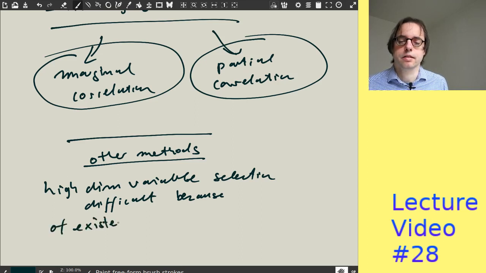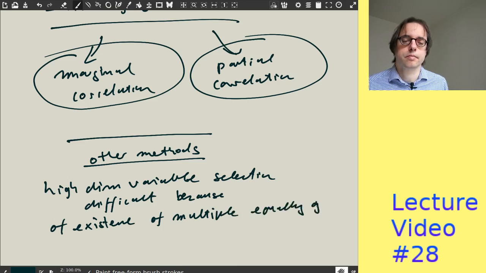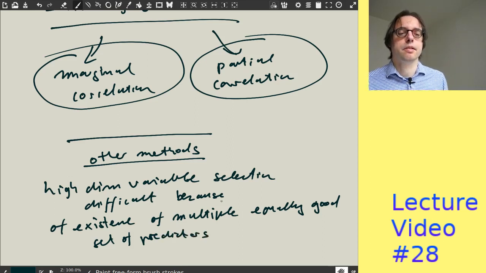Existence of multiple equally good sets of predictors. I mentioned several times that in machine learning often the emphasis is on predicting and not much on explaining. So if your aim is to explain things, then of course you would like to find predictors that explain your outcome.